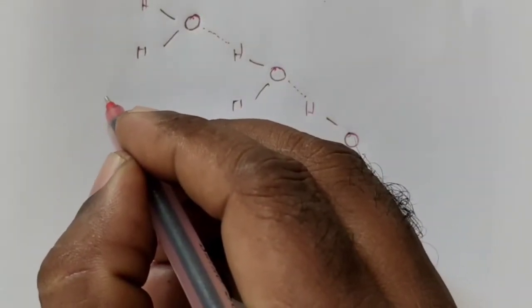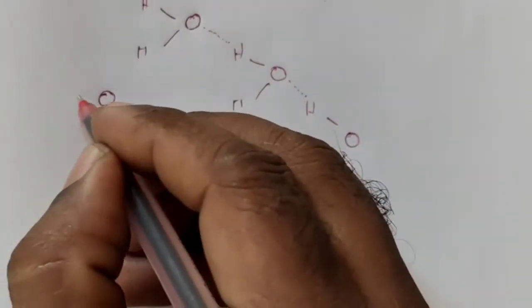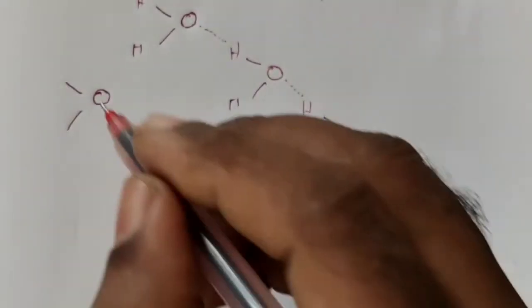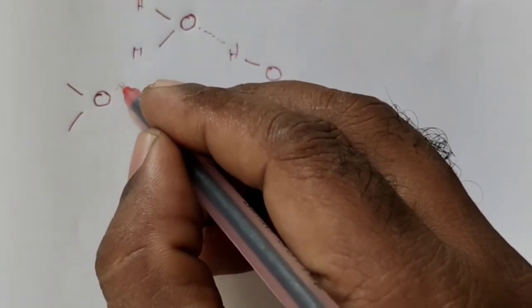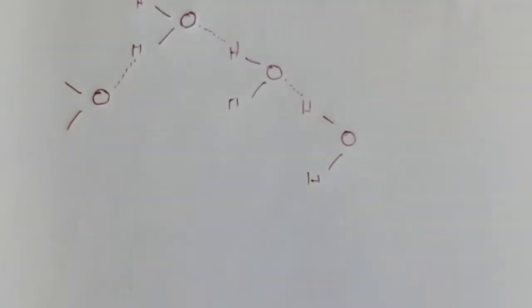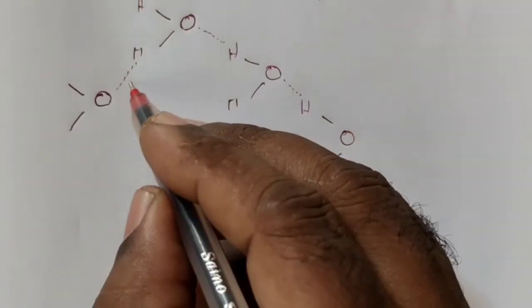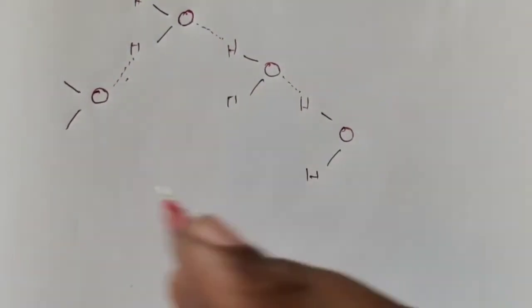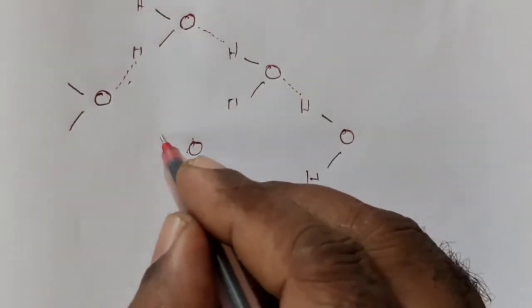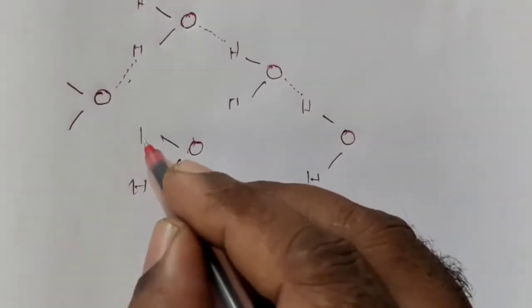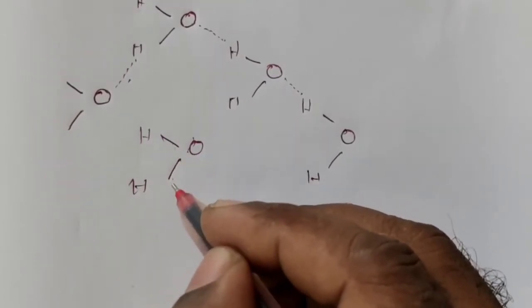Again put 1 oxygen here with 2 covalent bonds. This oxygen connects with this one by using a hydrogen bond. The dotted line indicates a hydrogen bond, and the bold line indicates a covalent bond. Here put another oxygen atom with two covalent bonds.